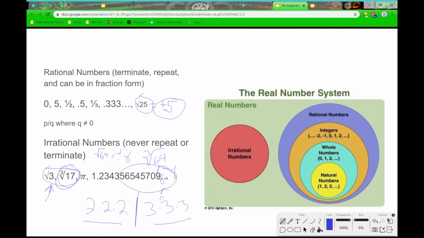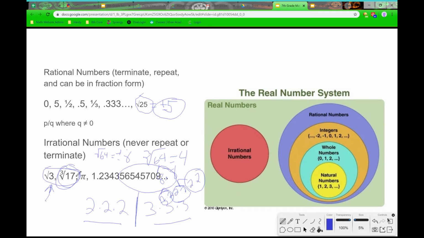Well, that's 2 times 2 times 2, and that's 2 times 2 times 2. I've got 3 sets of 2, and each of those is 4, so this cube root is a perfect 4. 4 times 4 is 16. 16 times 4 is 64. So in this case, the cube root and the square root both are rational numbers.